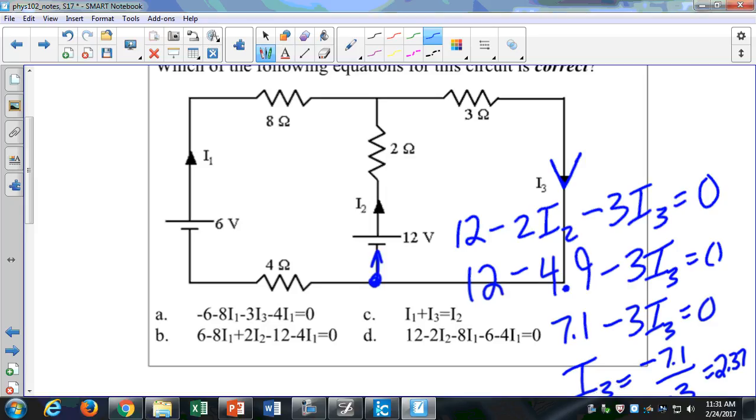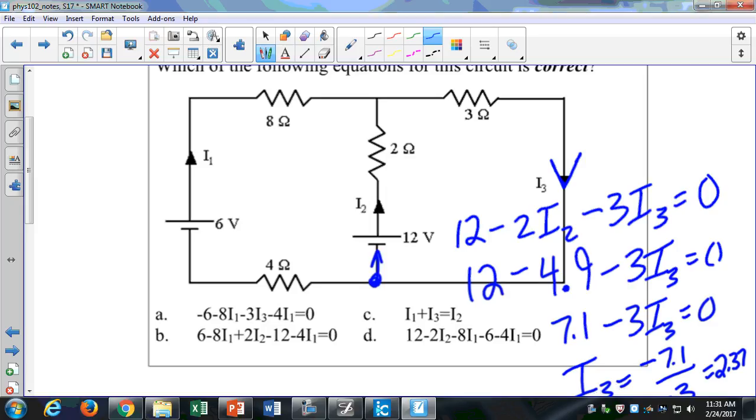You have a different current here and here, and then likewise, we have a different current here. At the junctions are where your currents change, because you've got other currents coming or going. That's the tricky part for students. They sometimes forget which current, or they're just not being careful in how they label their currents or how they're approaching it.